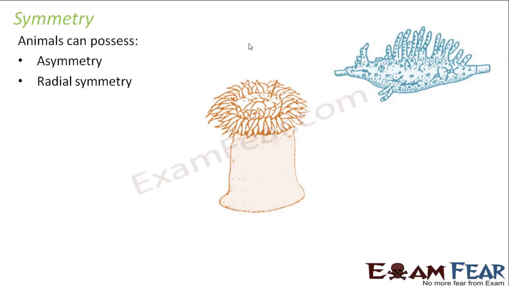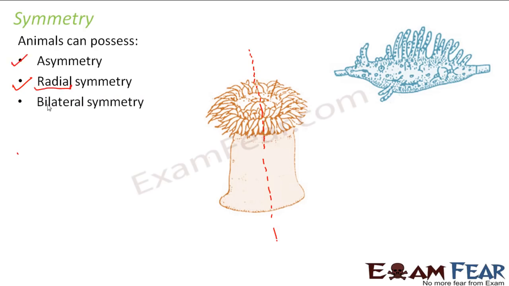If you try to divide this sea anemone along the central axis, you will be able to get symmetrical parts. So this is known as radial symmetry. The word radial is derived from the word radius.